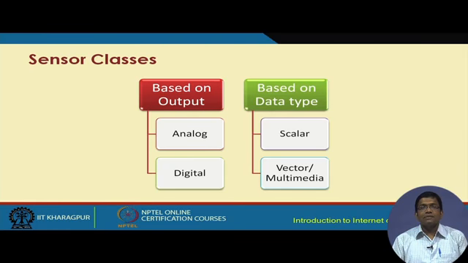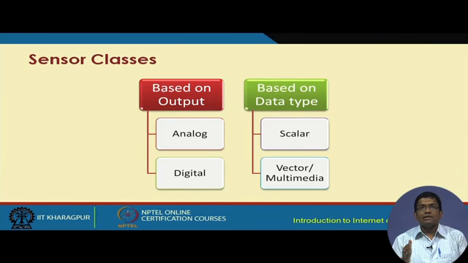Digital sensors give discrete digital outputs, on and off, for example. Scalar sensors measure scalar variables, which means they measure only the changes in magnitude, whereas vector sensors measure not only the magnitude, but also the direction.